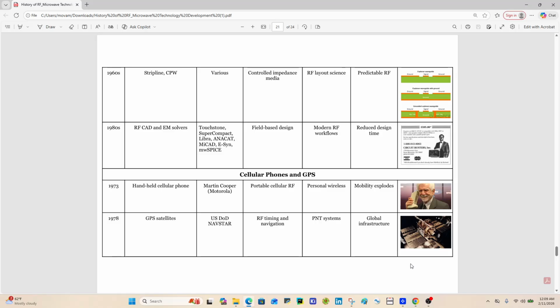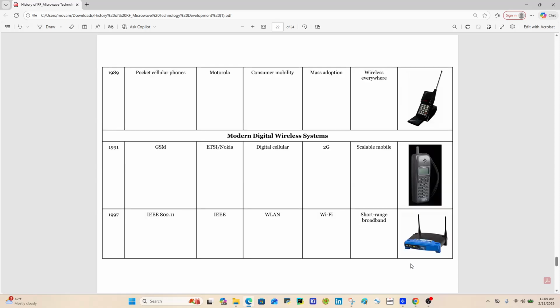You can see in 1973 the first handheld giant cell phone by Motorola, and in 1978 we had GPS satellites based on DoD budgets and developments. In 1989 you had smaller pocket cell phones by Motorola.